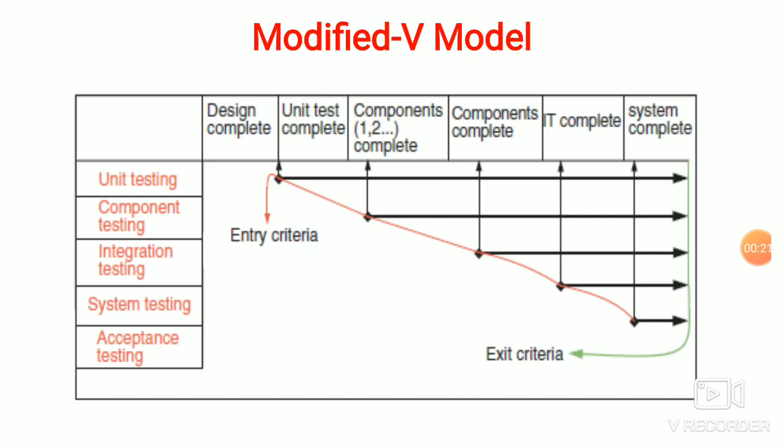The longest phase determines the release date of the product. In the modified V model, the entry and exit criteria are very important. This is about the modified V model and it is important for 5 marks.